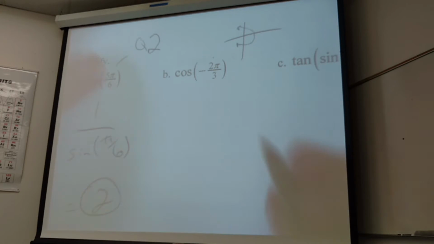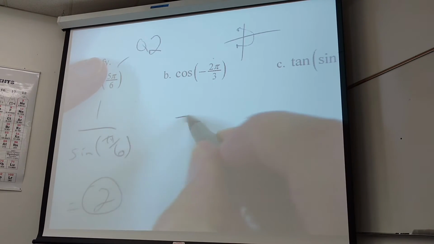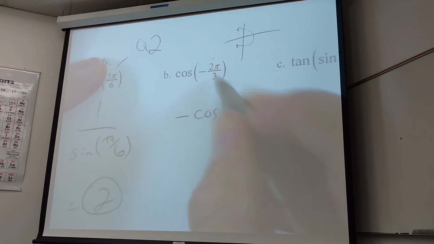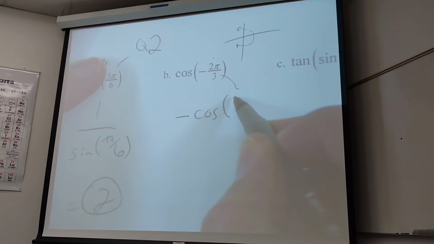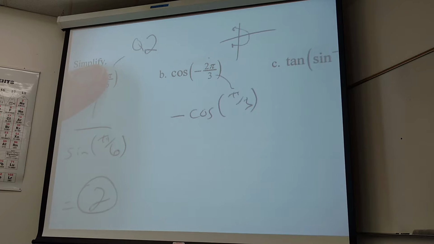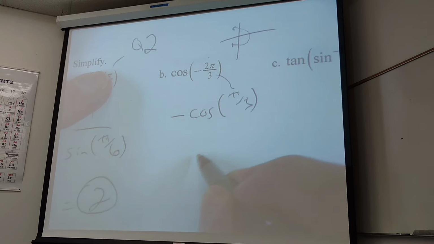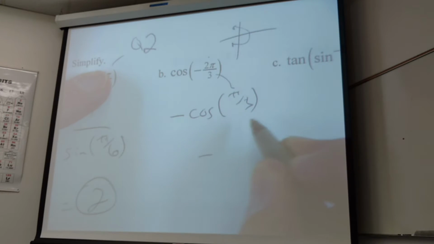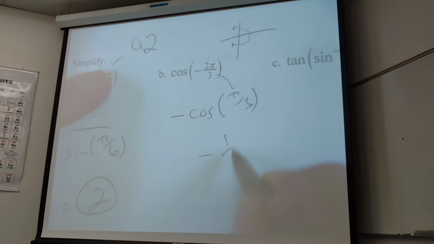So this is going to be negative cosine of, what would the reference angle be? Yes, pi over 3 away from a full pi. Not 4 pi over 3, the reference angle's always got to be less than 90. So what's cosine of pi over 3? 1/2. Cosine doesn't like it up there, so it'll be negative 1/2.